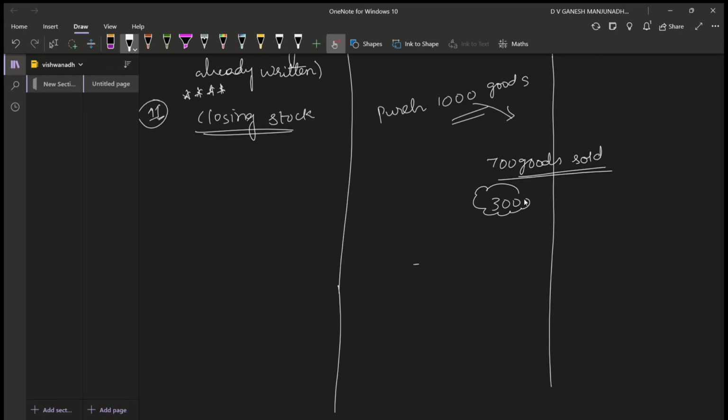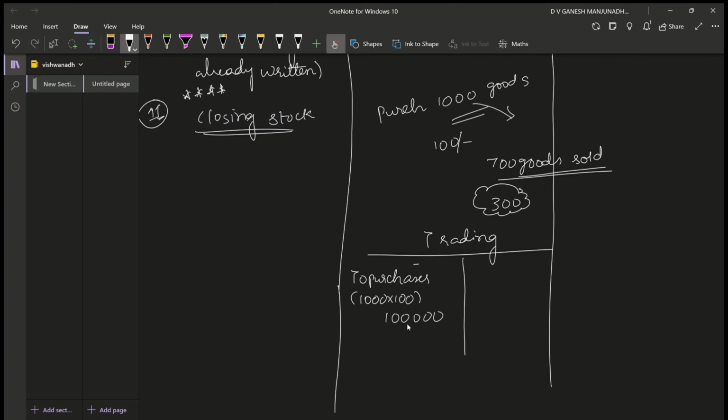If we take a simple pro forma for the trading account, suppose the value is 100 rupees per good. Then purchases would be recorded as 1000 into 100, which would be 1 lakh rupees.